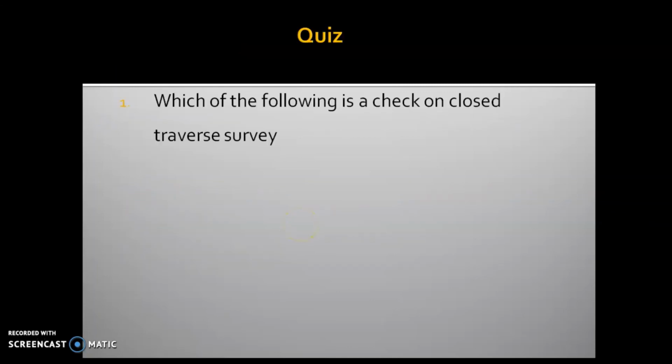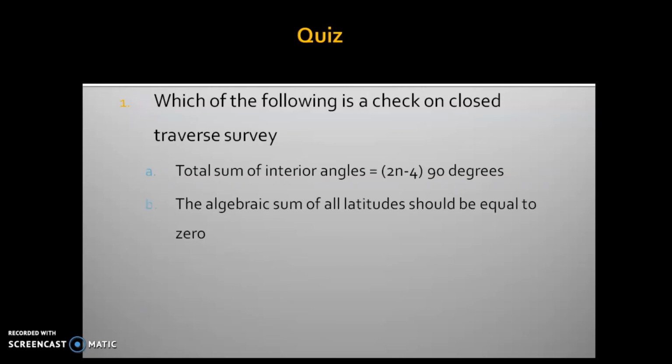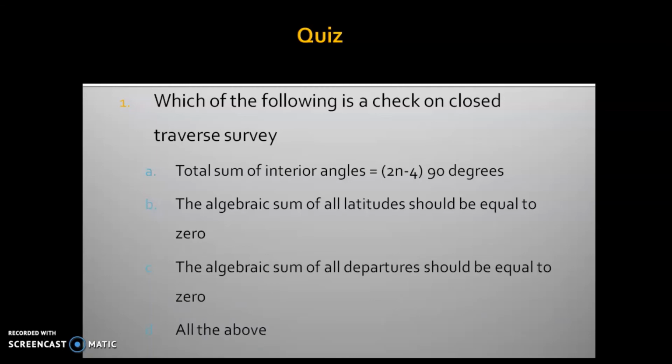Okay, next. Which of the following is a check on a closed traverse survey? Sum of interior angles equals 2n minus 4 into 90. Algebraic sum of all latitudes should equal 0. Algebraic sum of all departures should equal 0. All the above. Of course, all these are very important checks in a closed traverse survey, so one should check all these things.